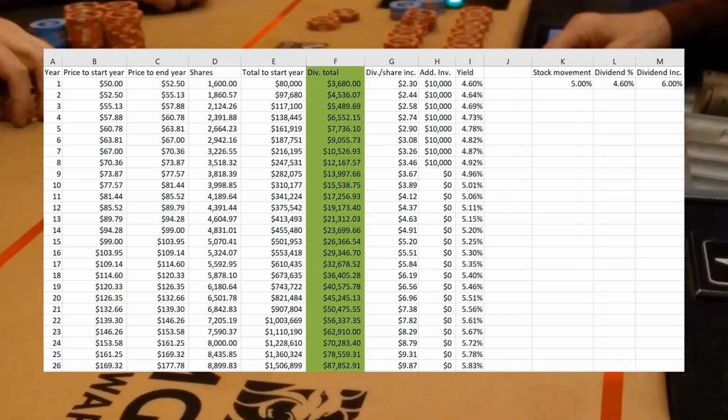And this keeps happening. And if this happens for 16 years, then you can see, to start year 17 on January 1st of the 17th year of this plan, looking forward, you can see highlighted in green that you would be getting $32,678 in dividend payments.